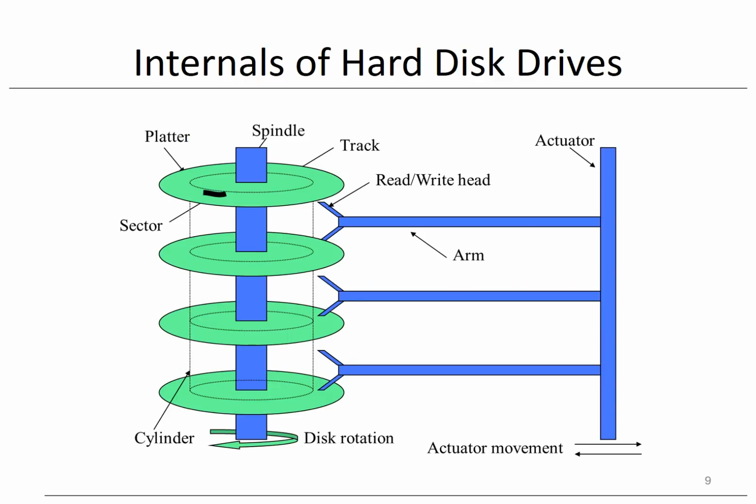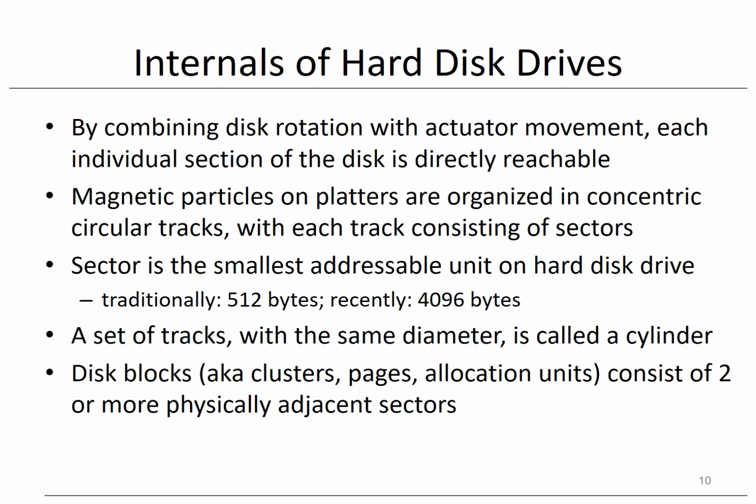Here you can see a figure illustrating the internals of a hard disk drive. By combining disk rotation with actuator movement, each individual section of the disk is directly reachable.